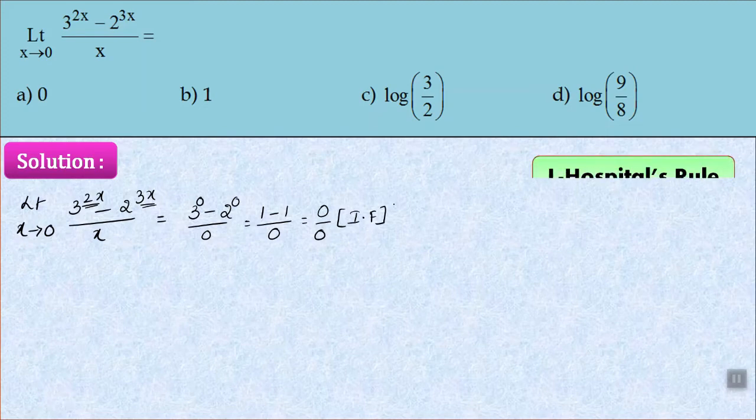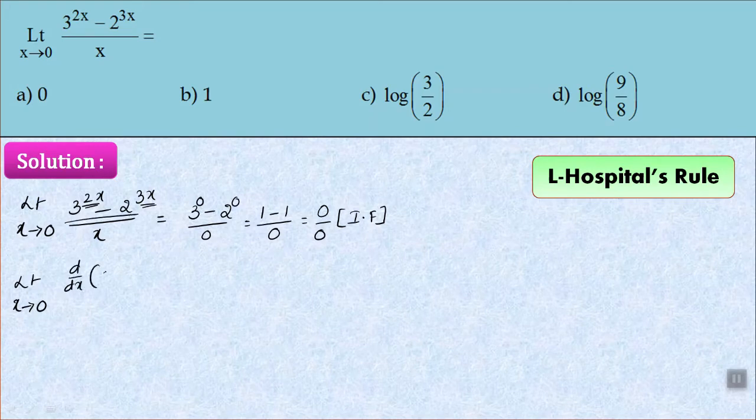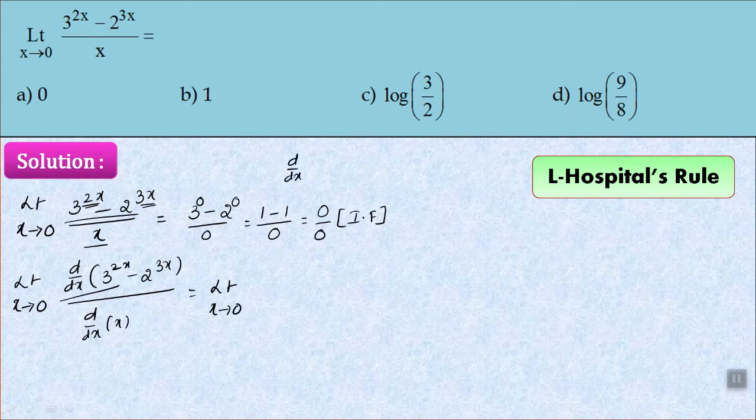By using L'Hospital's rule for solving this, limit x tends to 0, here in the numerator and denominator differentiating with respect to x: d by dx of (3^(2x) minus 2^(3x)) divided by d by dx of x. We know that d by dx of a^x is equal to a^x into log a.